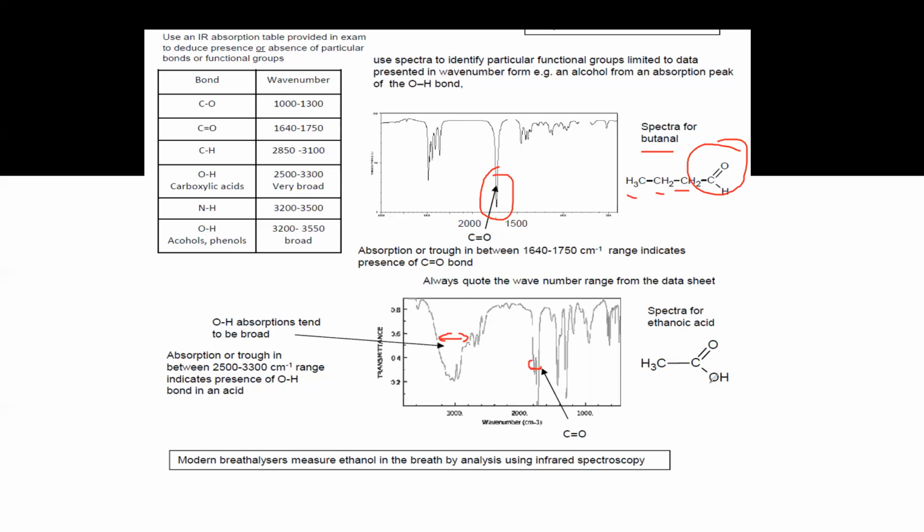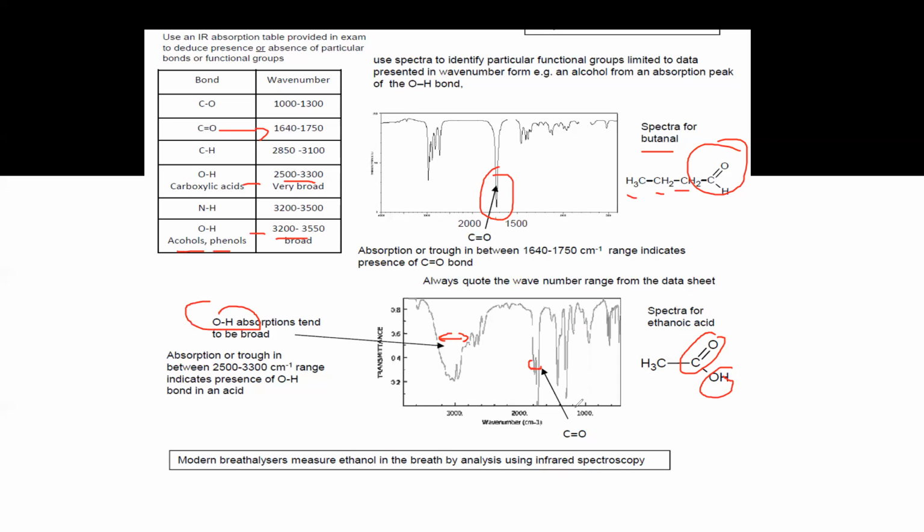If we have C double bonded with O and OH, that is OH of alcohol and phenol and OH of carboxylic acid. It will be a very broad peak at 2500 to 3300. So we identify this is because of OH, and C double bonded with O is from 1640 to 1750.